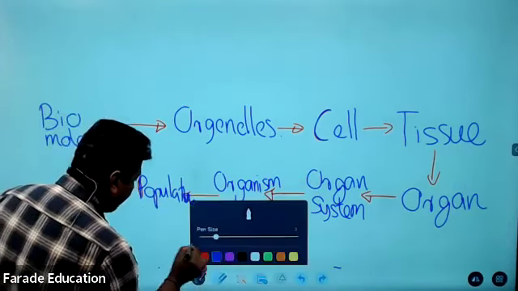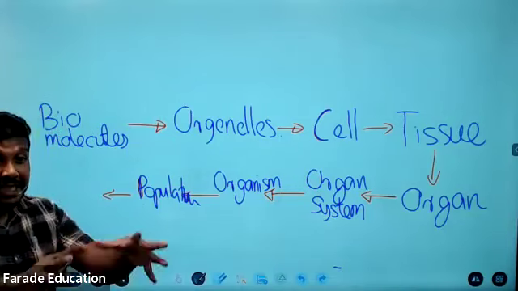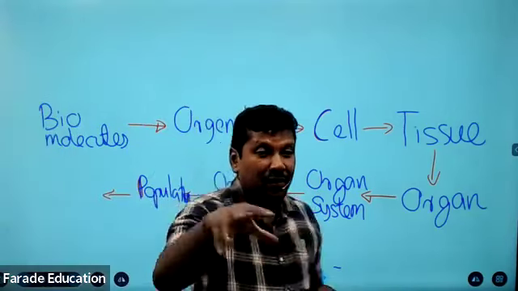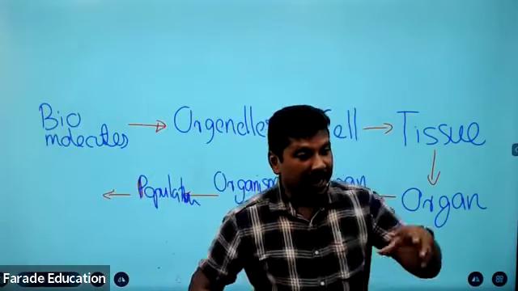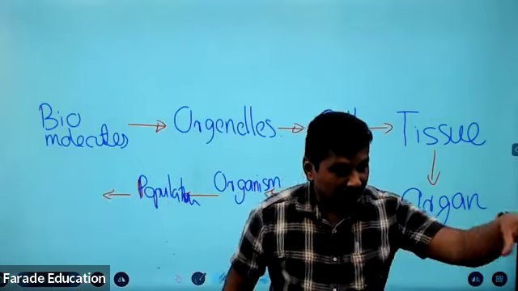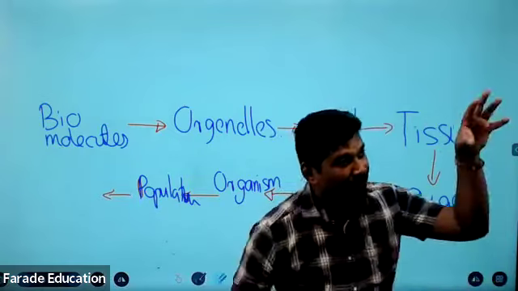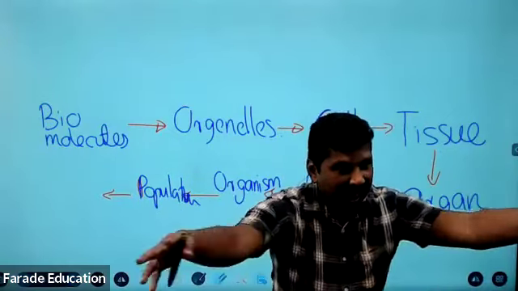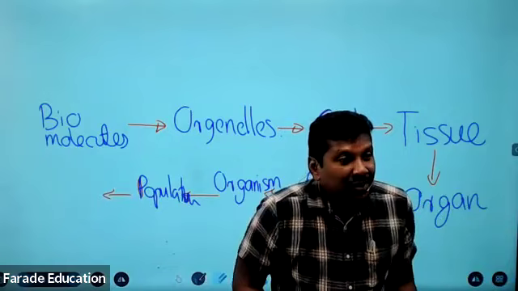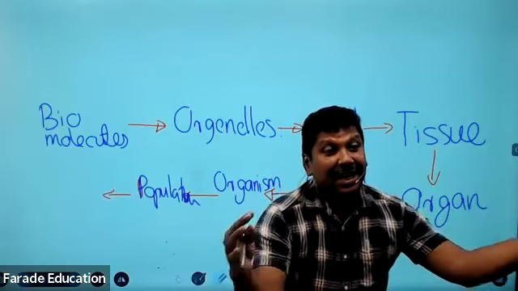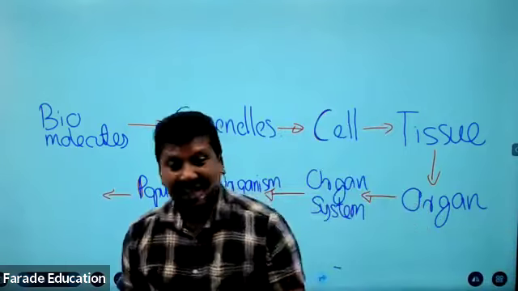Then in the same environment, you get all these populations. In Kandy, you take the dog population, human population, monkey population, cow population, crow population, and all these things. And all the populations collectively we call the Kandy community. That is the community.